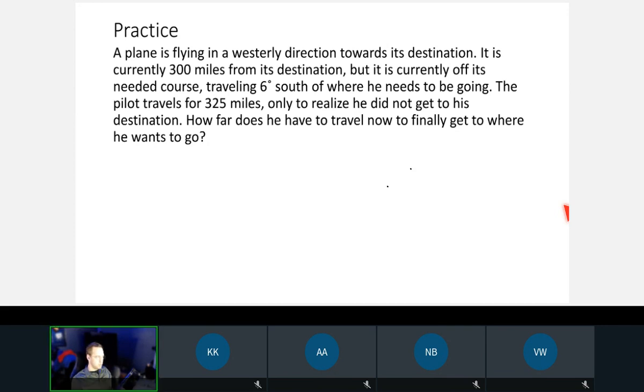Yep. Antonio, you are correct. 6 degrees would be an angle measure. Yep. Got about another 23 seconds left. When the time runs out, is there a volunteer that wants to draw their diagram of what it looks like?